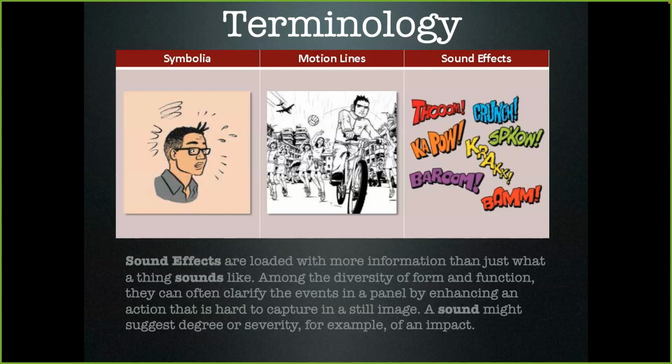So if this motorcyclist or bicyclist in the other image were just going to hit a stone, it might be a thoop, or some kind of crunch, and then boom, off the bike, right? So a sound might suggest a degree or severity, for example, of an impact.